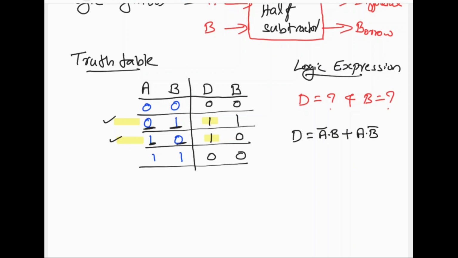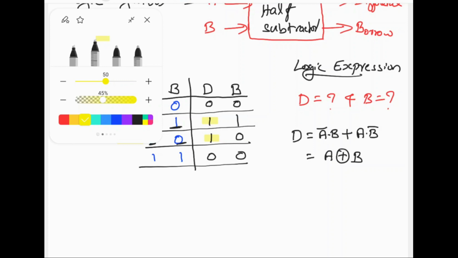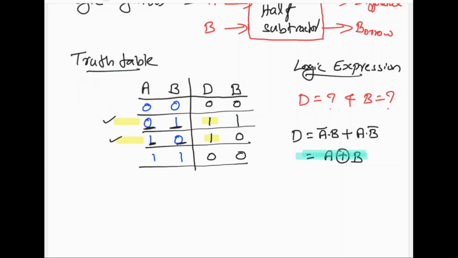So this is difference, and you already know this is the equation for XOR gate, and therefore this is the equation for D, difference in half subtractor.